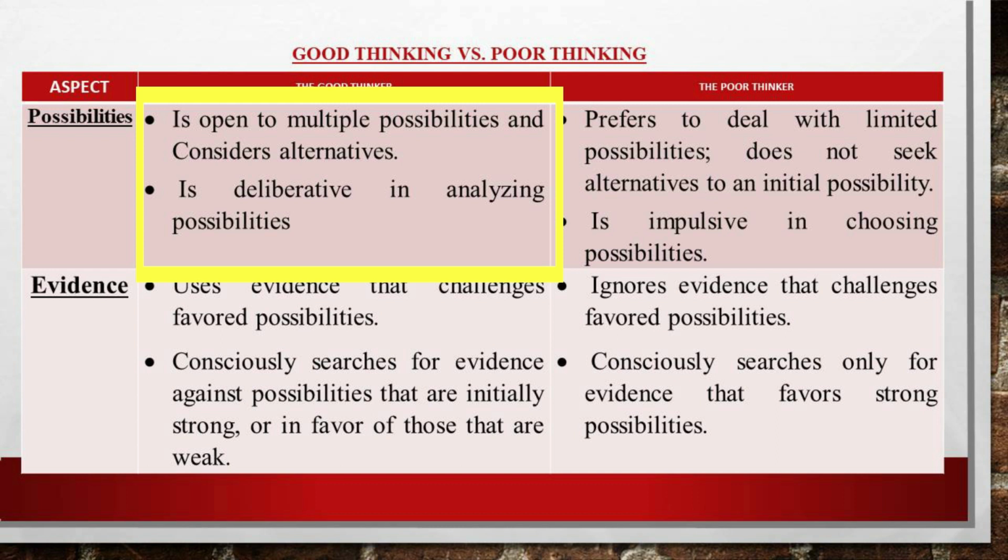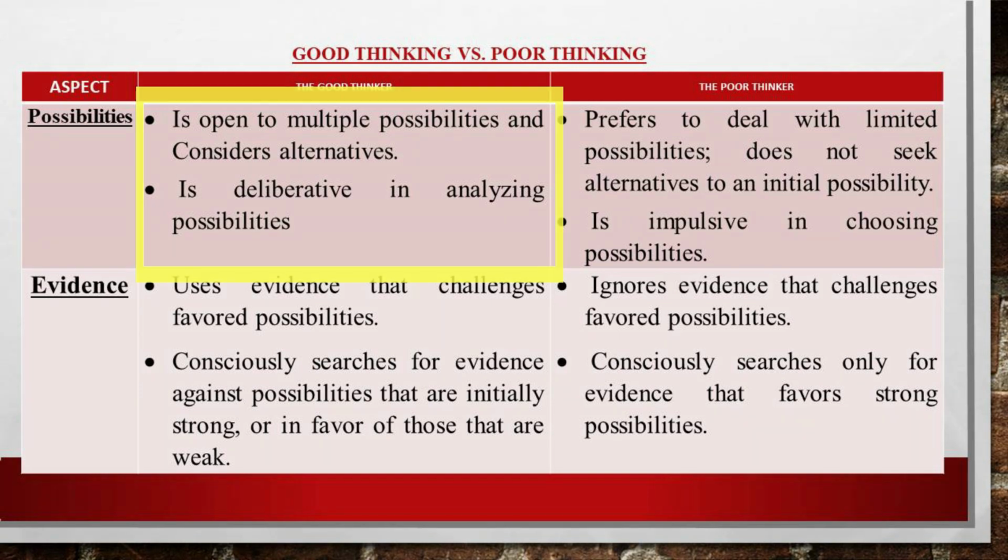Again, a good thinker has 2 points. Number 1, open to multiple possibilities and considers alternatives. Number 2, deliberative in analyzing possibilities.